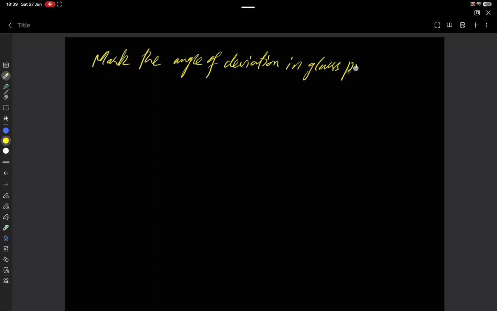Another diagram that we have to mark is the angle of deviation in a glass prism. So, angle of deviation in a glass prism.